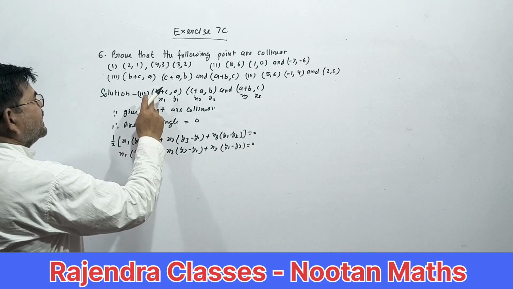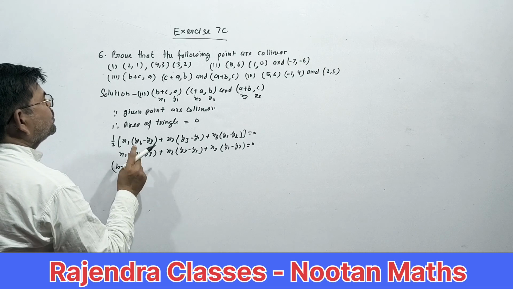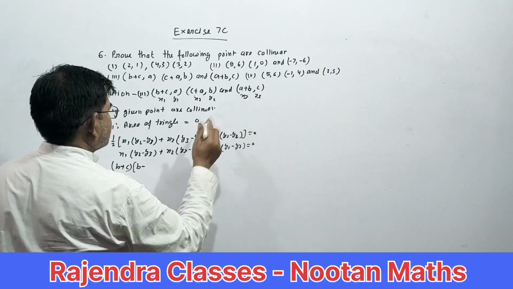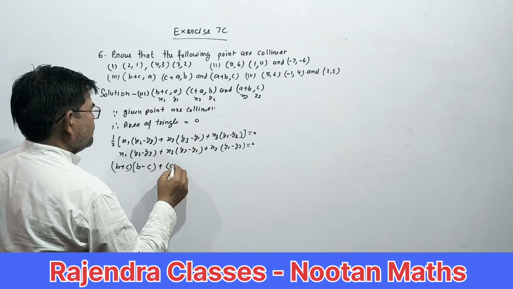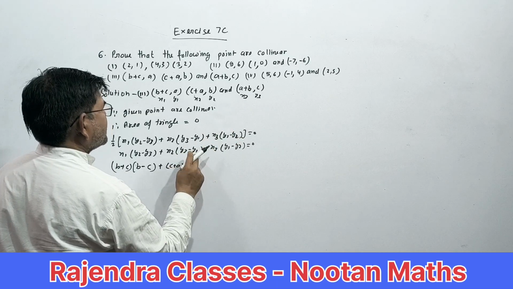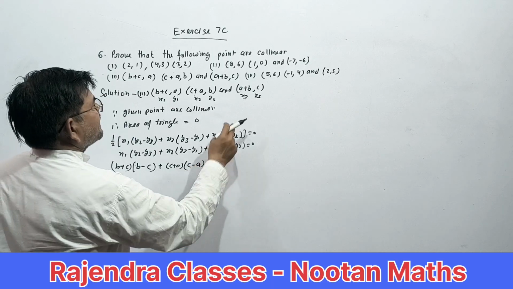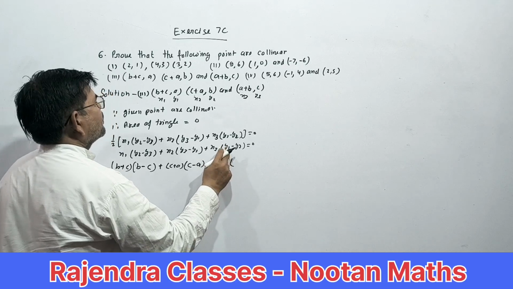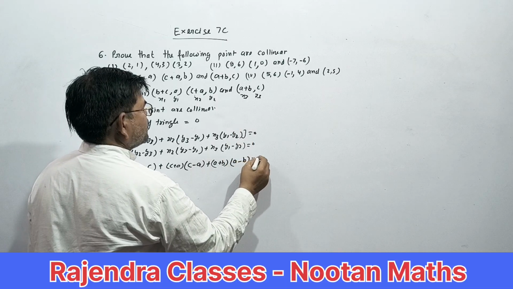Put the value of x1 B plus C, and y2 is B minus y3 is C plus x2 C plus A and y3 is C minus y1 is A plus x3 A plus B and y1 is A minus y2 is B is equal to 0.